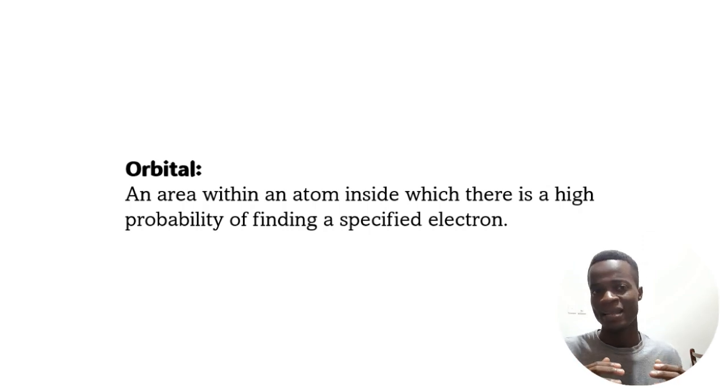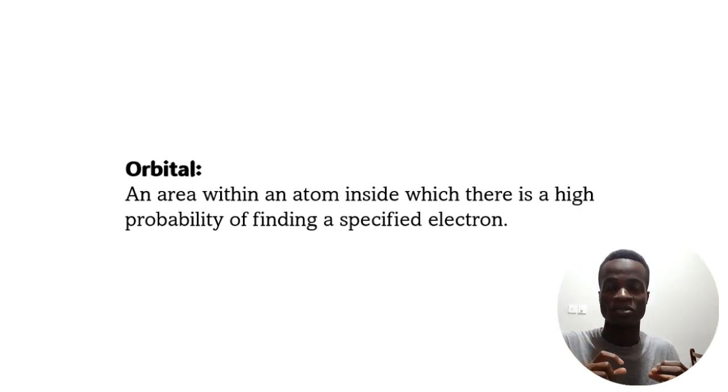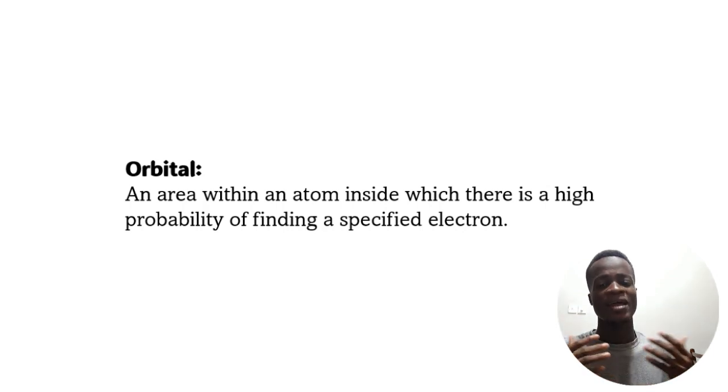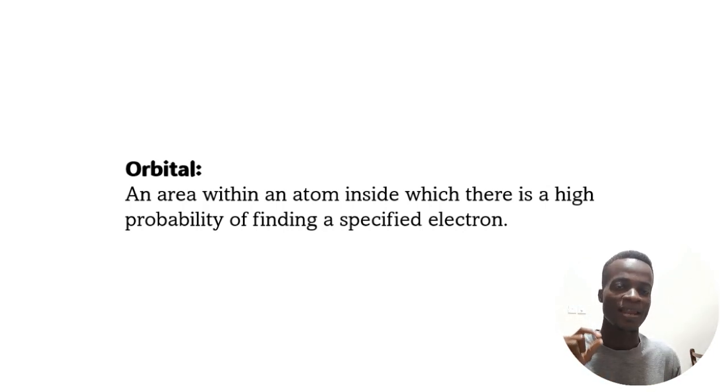But the electron placements even in this orbital are not done just like that, but with a specific kind of strategy. That's why they say specified electron. An orbital is an area within an atom inside which there's a high probability of finding a specified electron.